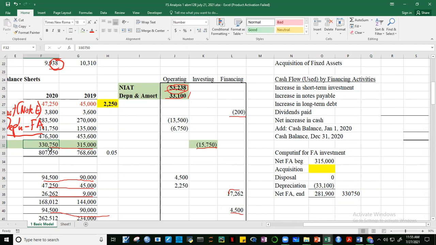Net fixed assets ending is 330,750. Okay, ngayon 281,900 lang. Ang question, magkano kaya yung acquisition? So dapat ang lumabas sa ending dito 330,750. Okay, pwede natin i-algebra very quickly.